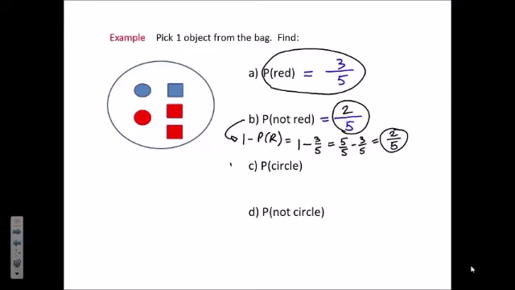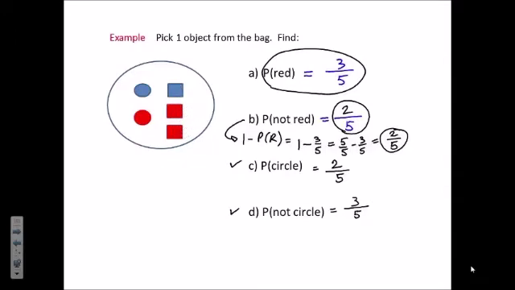What's the probability of picking a circle? Well, again, there are 5 objects in the bag. I could count how many circles there are. 2, that would be 2 out of 5. For part D, the probability of not a circle, I could either count how many of the 5 objects are not circles, 1, 2, 3, or I could use the not rule.